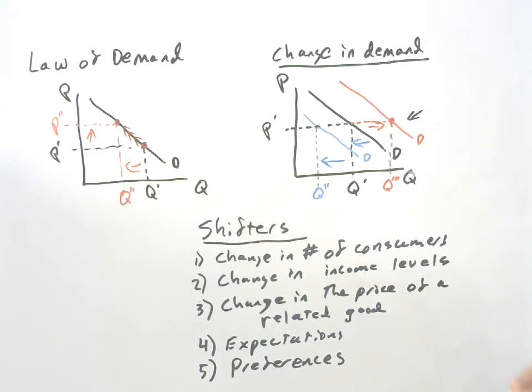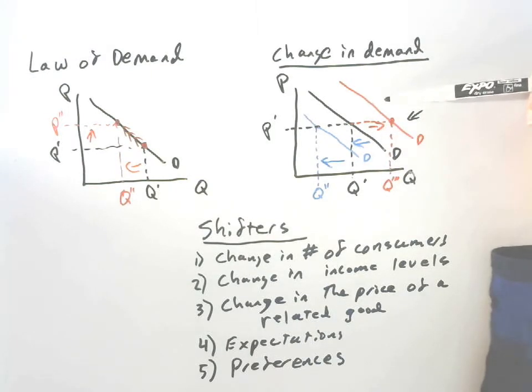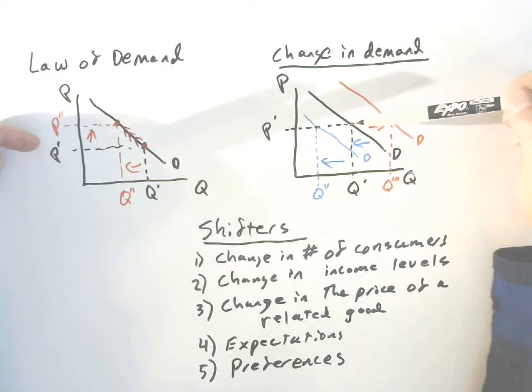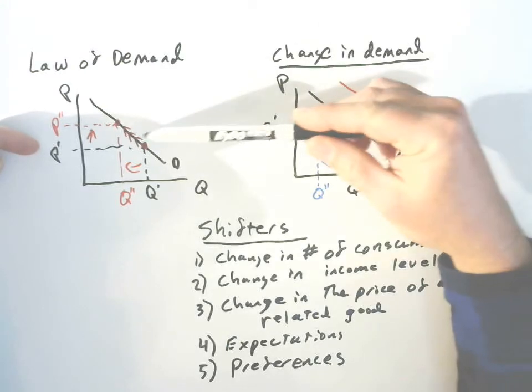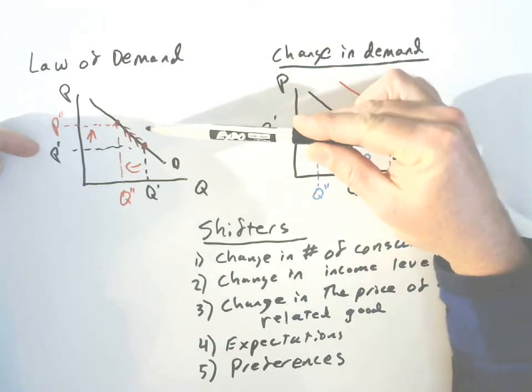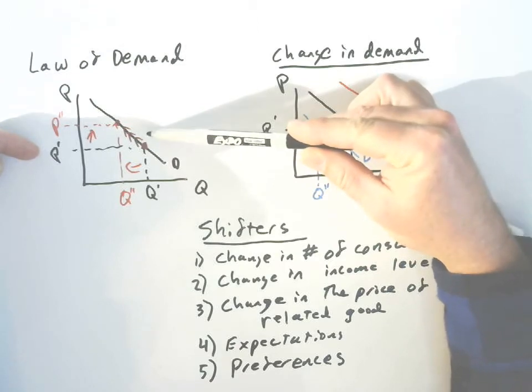Again, I want to emphasize this. This is probably the one thing that trips students up the most. A change in demand is a shifting of the curve. If you change the price of the product that you're analyzing, you do not shift the curve. You move along the curve. In other words, you change your quantity demanded.